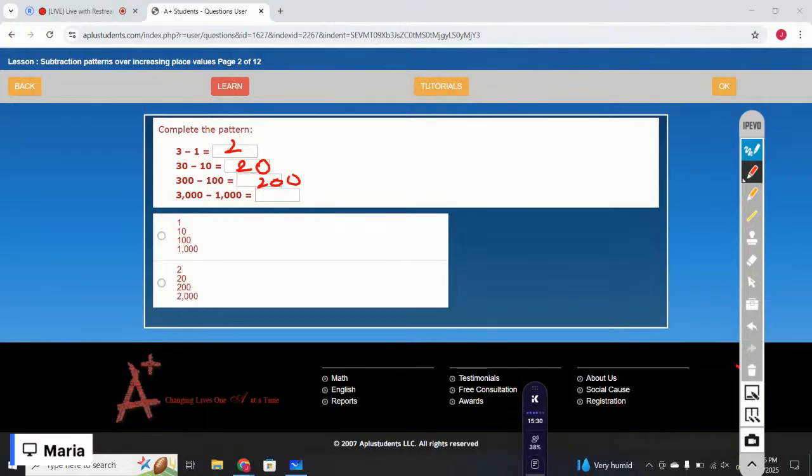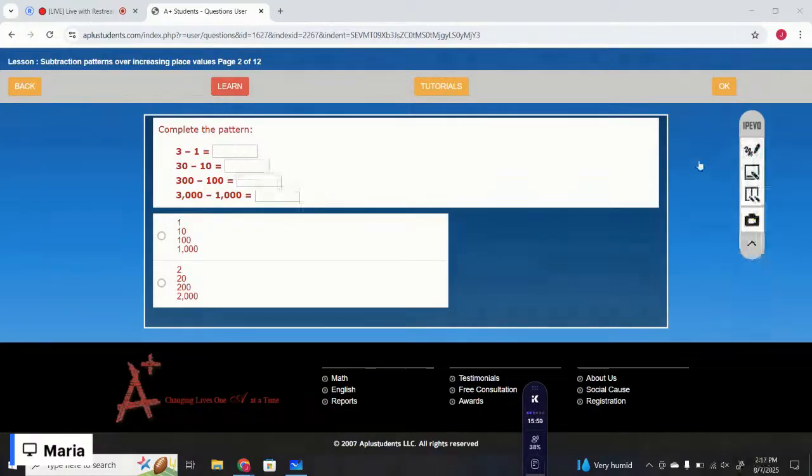And 3000 minus 1000 is 2000. So which is the correct option? Option 2 is the correct option. That is 2, 20, 200, 2000.